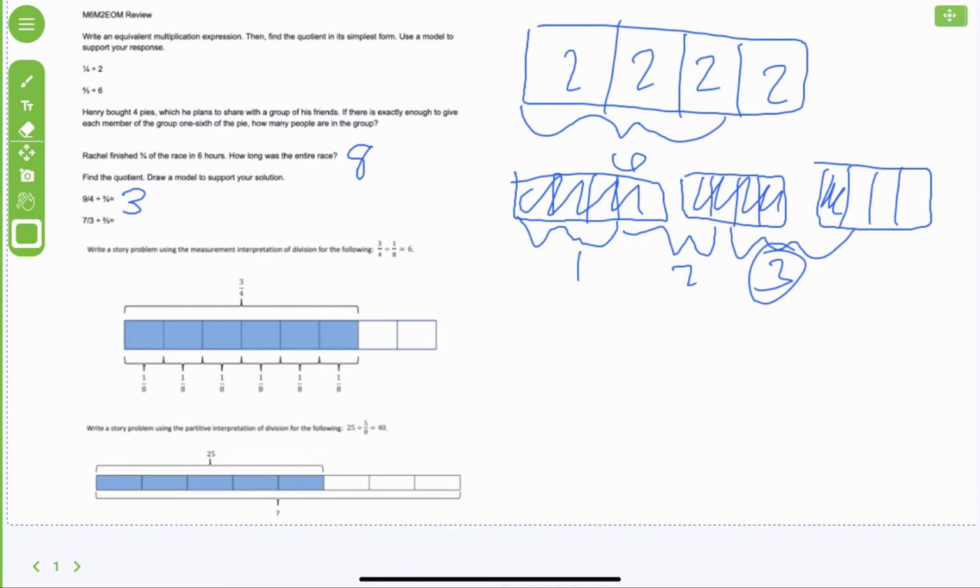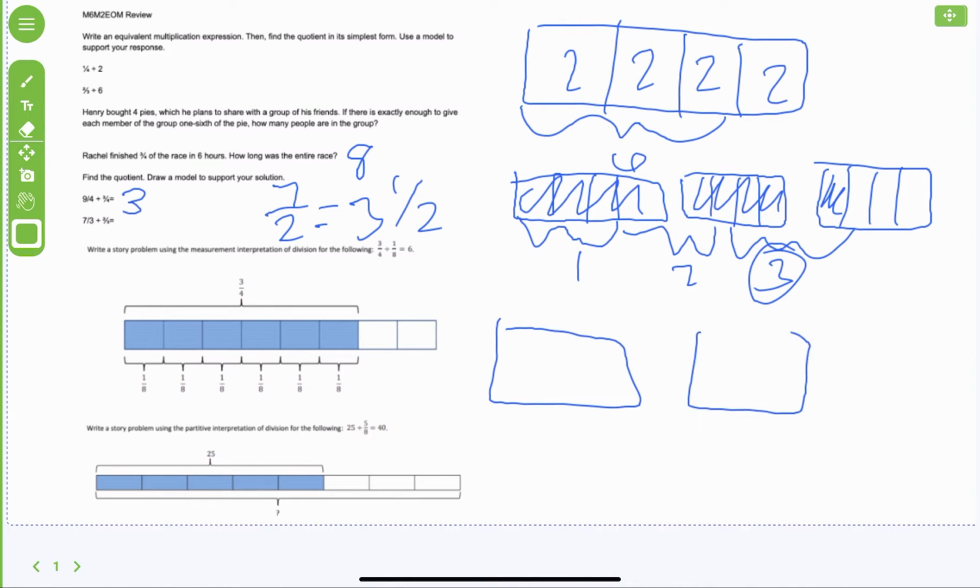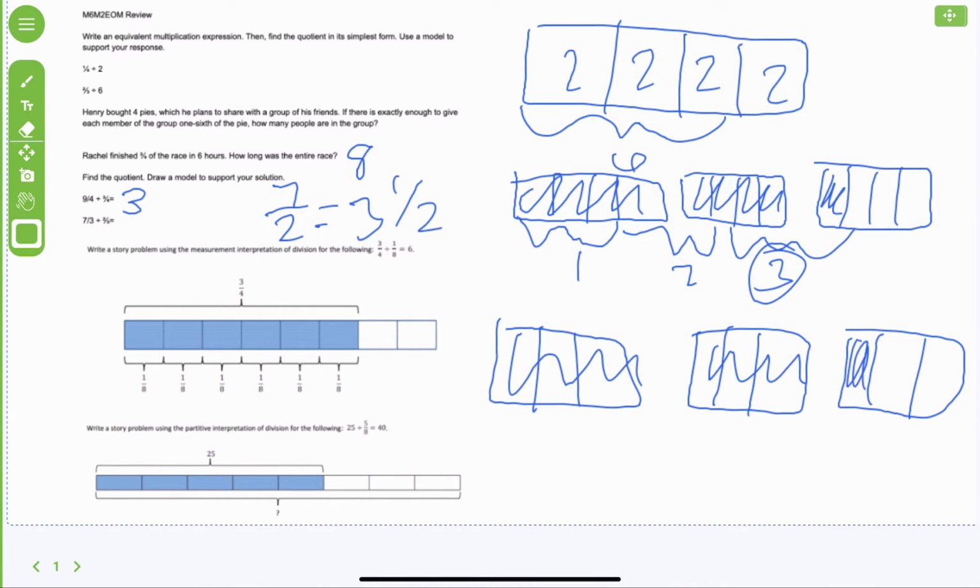Now, 7/3 divided by 2/3. We can do the same thing, just divide the numerators. What's 7 divided by 2? 3 1/2. How can we model that? Well, we can draw 7/3. Which is all of this and here.